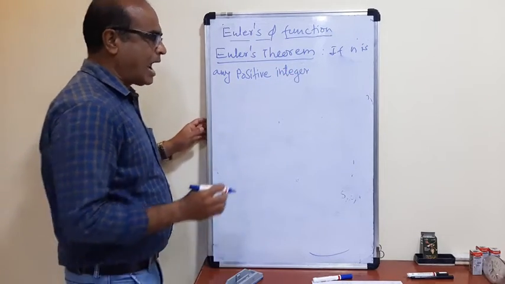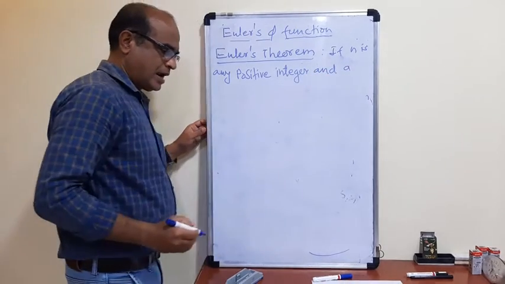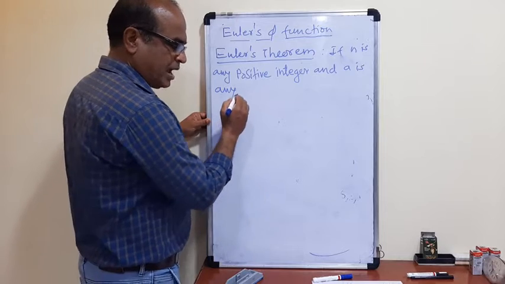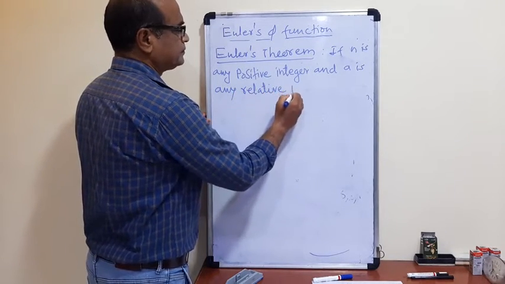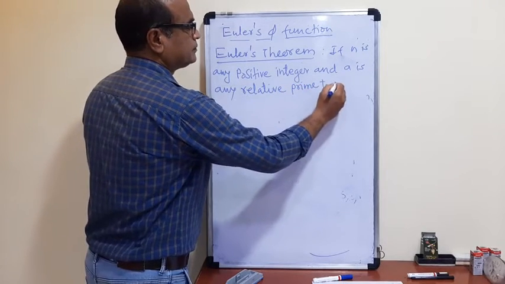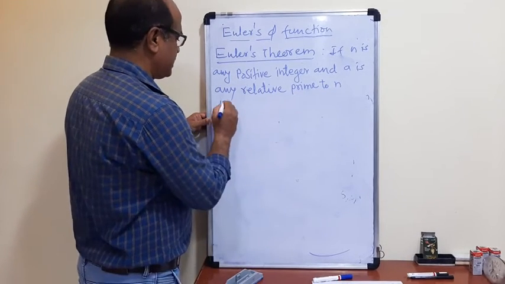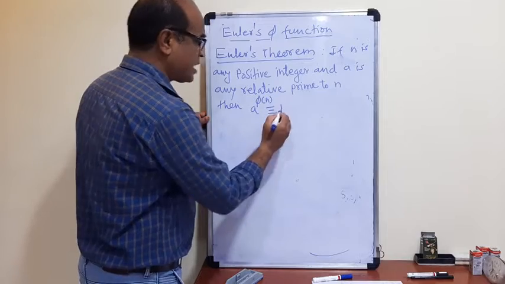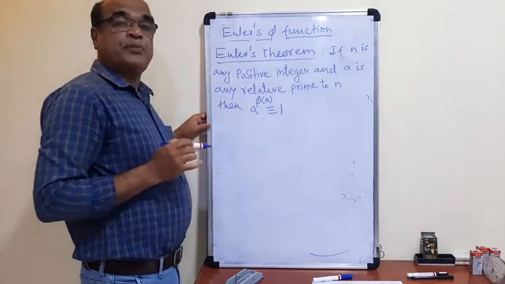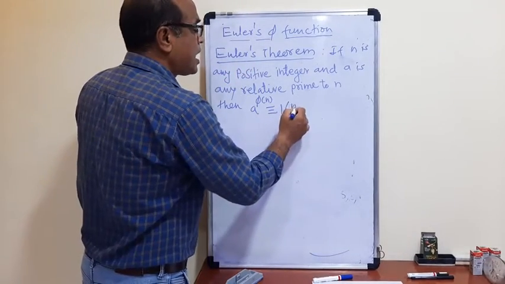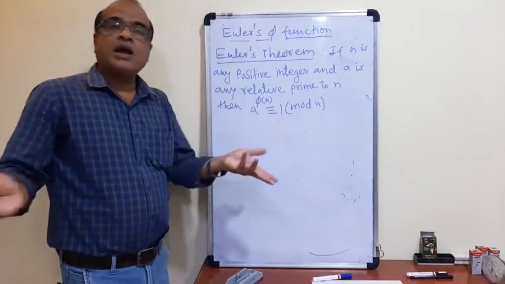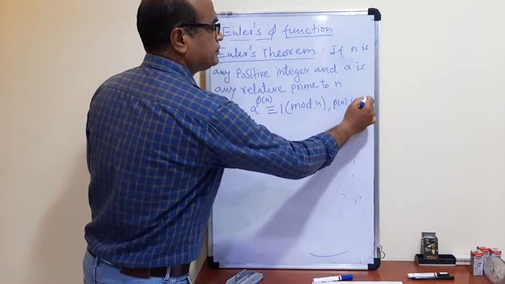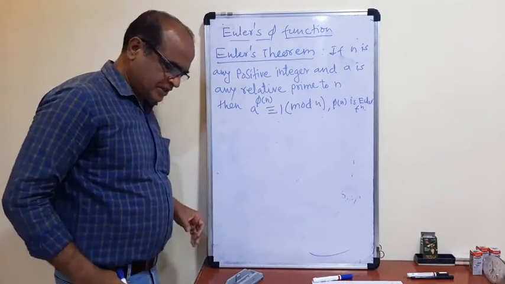If n is any positive integer and a is relatively prime to n, then a raised to Euler's function phi n is congruent to 1 modulo n, where phi n is the Euler function. So this is Euler's theorem.